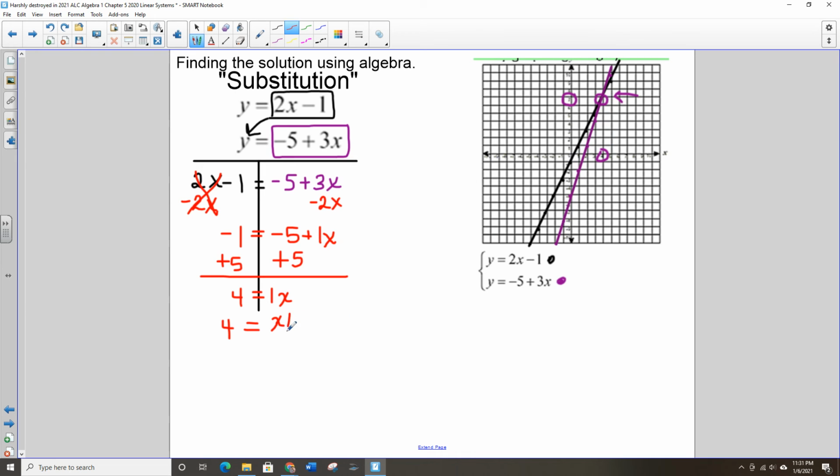Are we done? And then you say no, and then I say, do we wish we were? And then you say yes. All right, so we're going to go back and we're going to substitute this into one of these two equations. I'm partial to this top one because it looks simpler than the bottom one. The bottom one has got that -5.